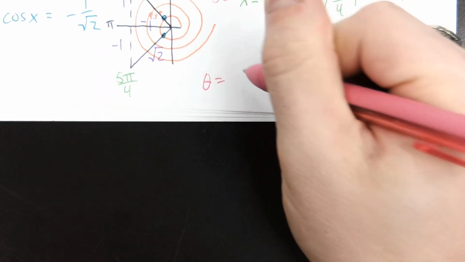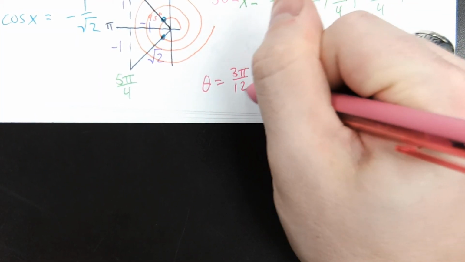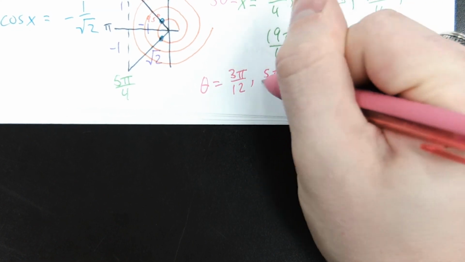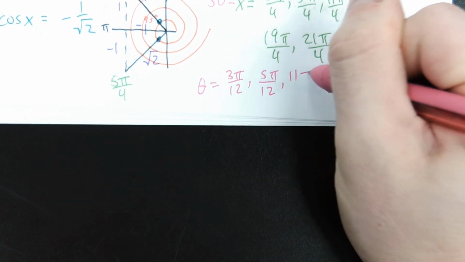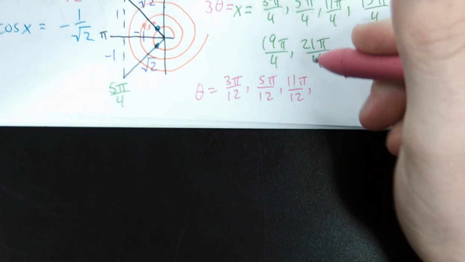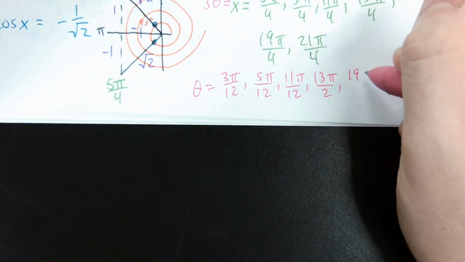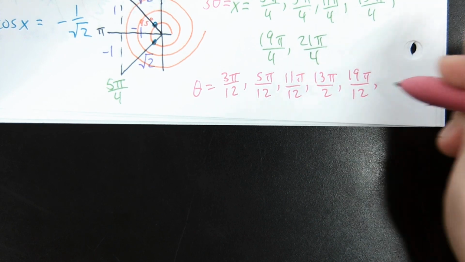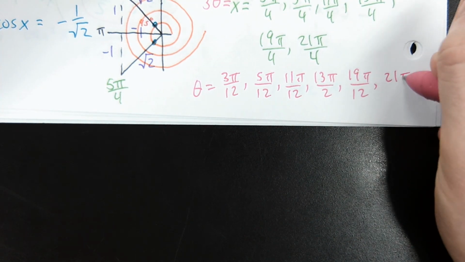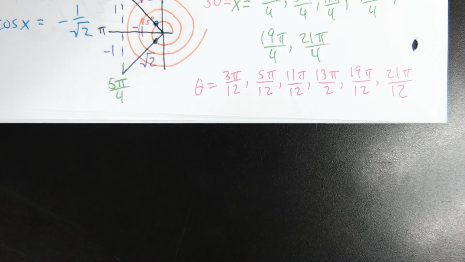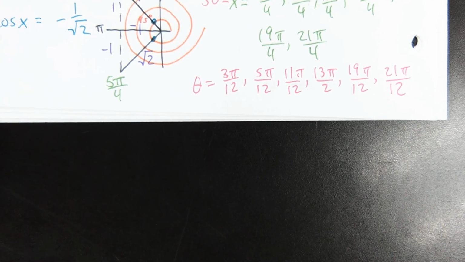Theta is 3 pi over 12, 5 pi over 12, 11 pi over 12, 13 pi over 12, 19 pi over 12, and lastly, 21 pi over 12, which, by the way, is less than 2 pi. We stayed inside our domain. That is all 6 answers for theta. Sheesh.